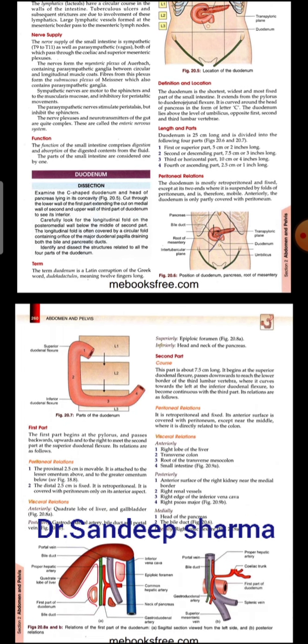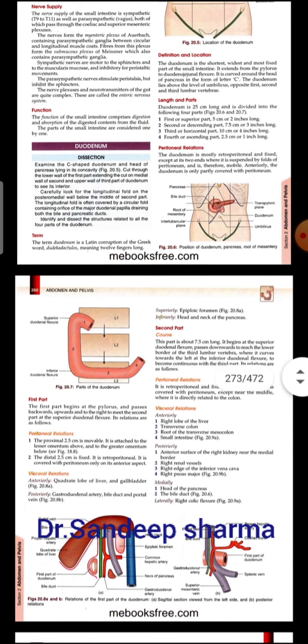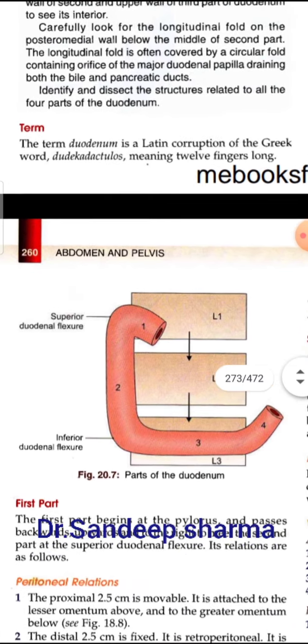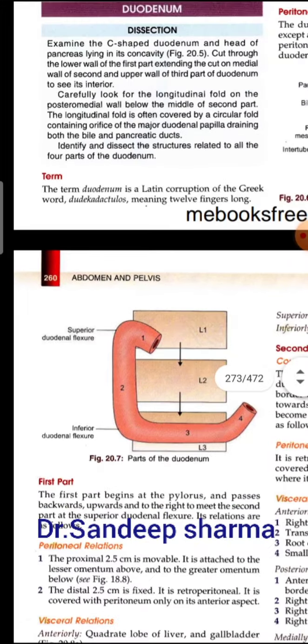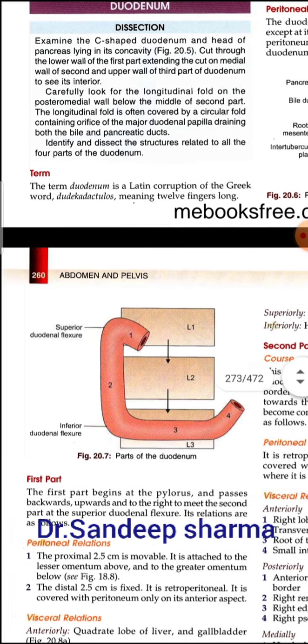In the diagram also you can see L1, L2, L3. What parts are you seeing over here? 1, 2, 3 and 4. One part is the superior duodenal flexure. This is 5 centimeter.